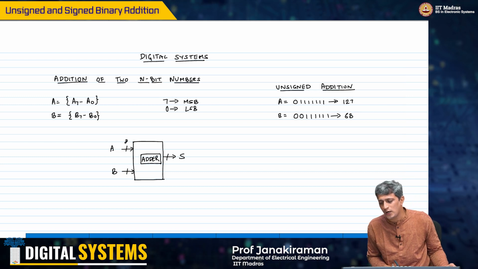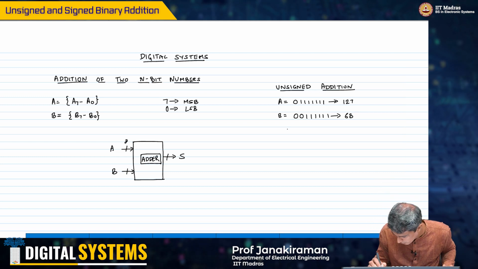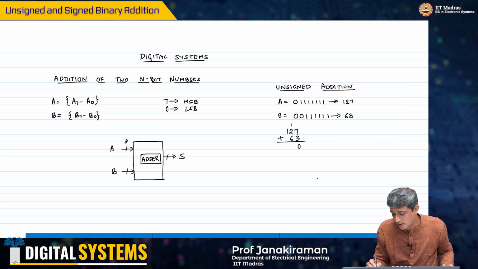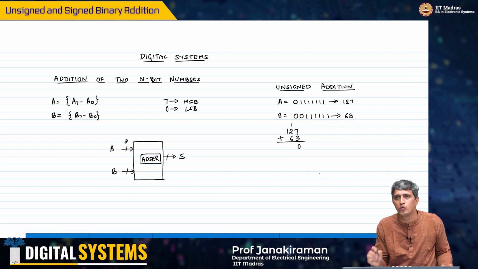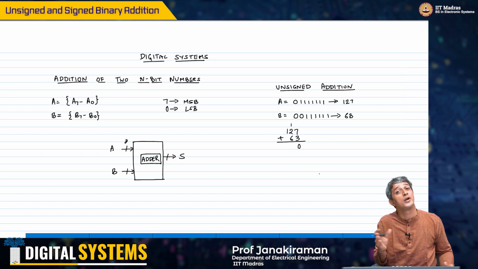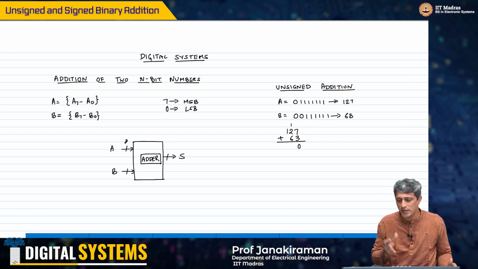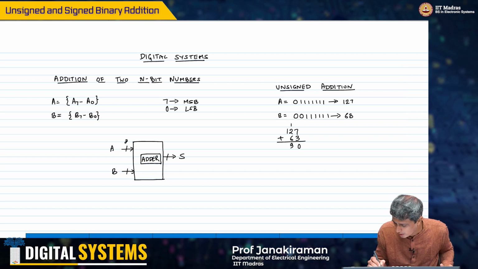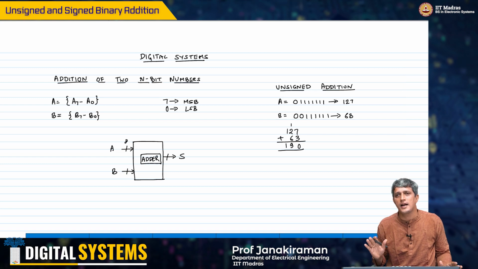So if you do 127 plus 63, what should you get? I'm doing this here just to explicitly show you how the carry propagates, because we will be doing exactly the same thing even in the multi-bit addition here. The answer should be 190, unsigned number again.